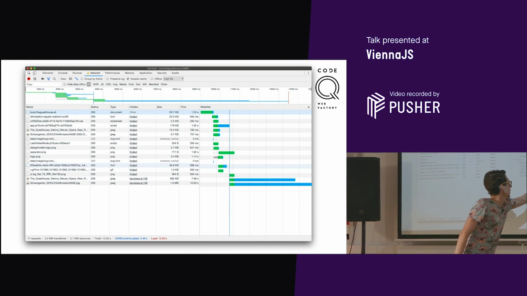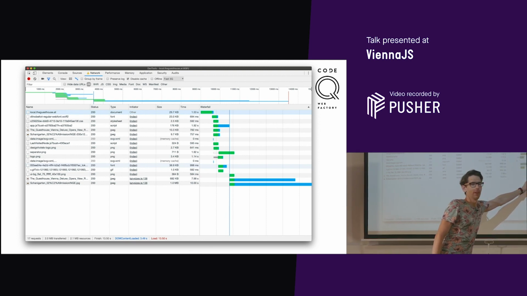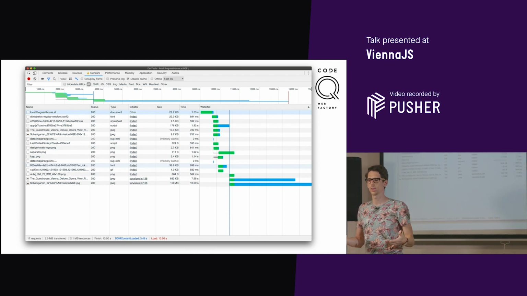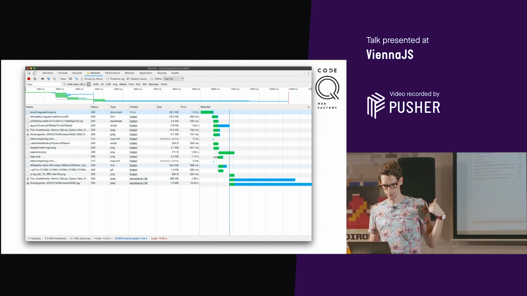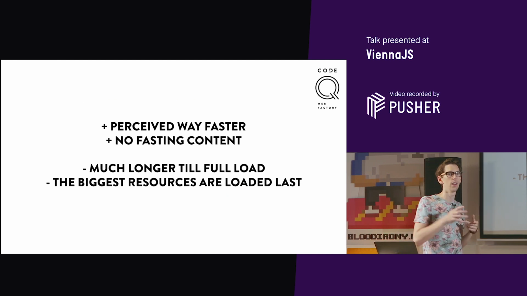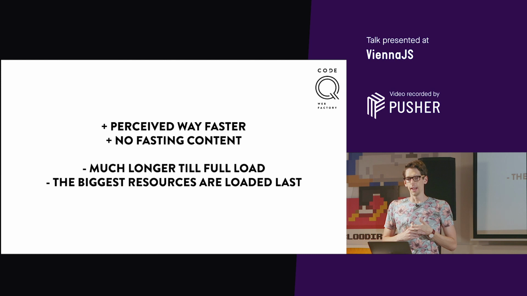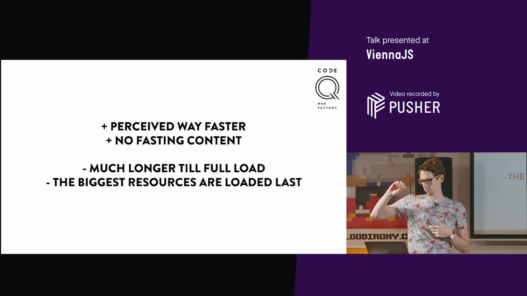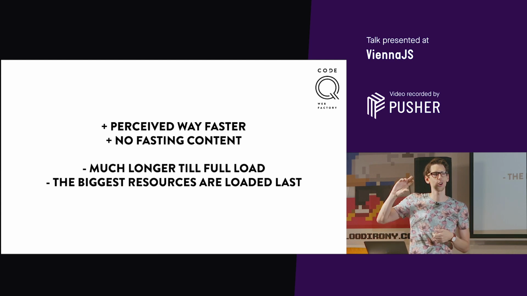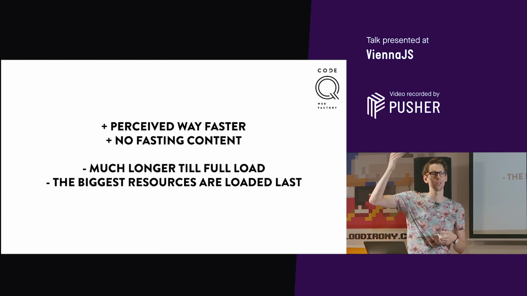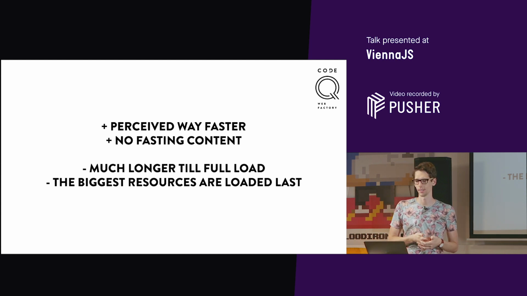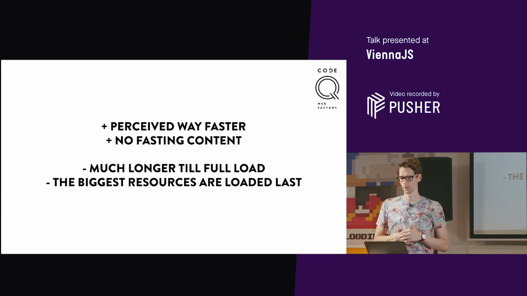So here, the user can already see everything. And this is just till they can see the high resolution images. That feels way better. So the perceived loading time is way better. Also, the content is already faster to see, so people can actually start reading text till the high resolution images are loaded.